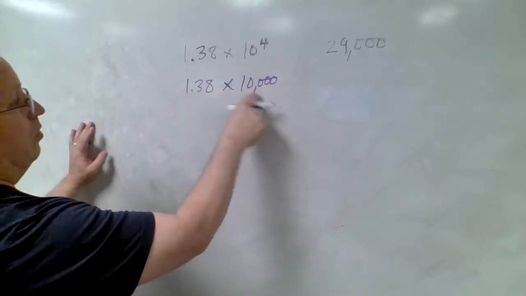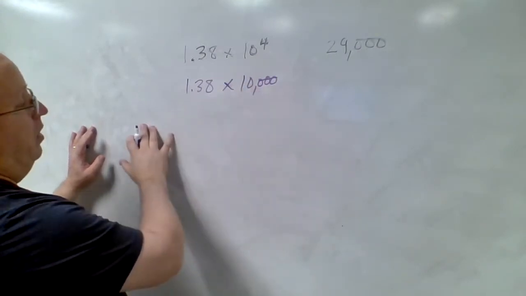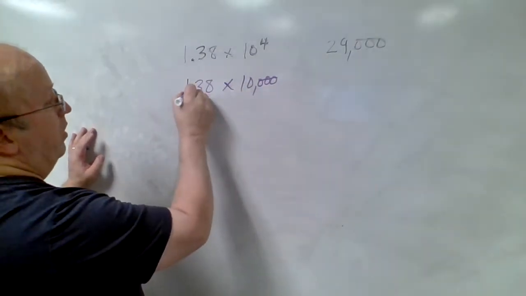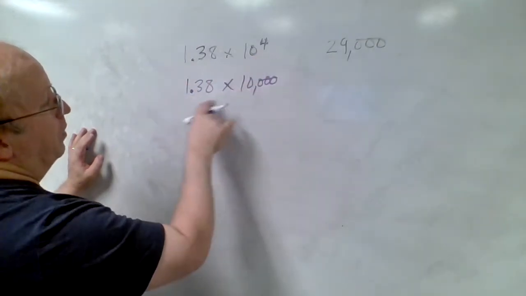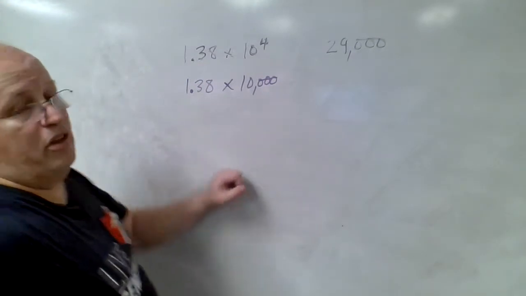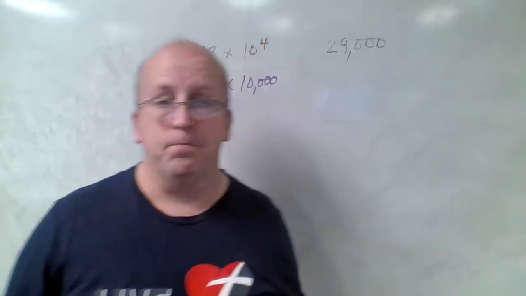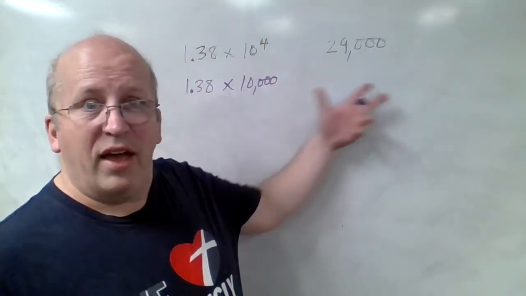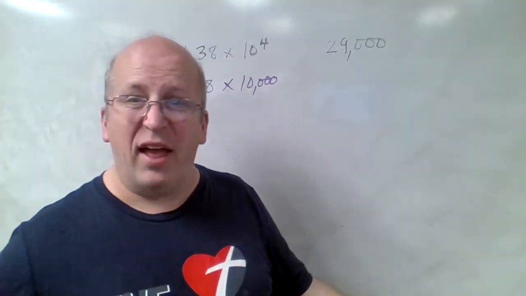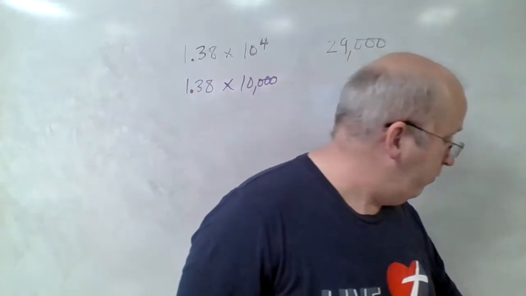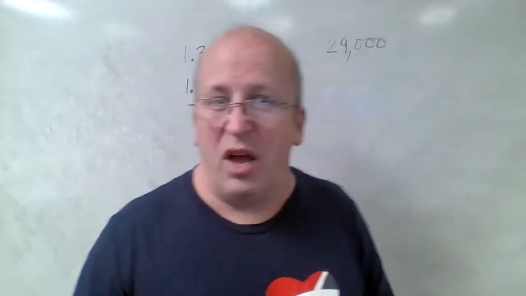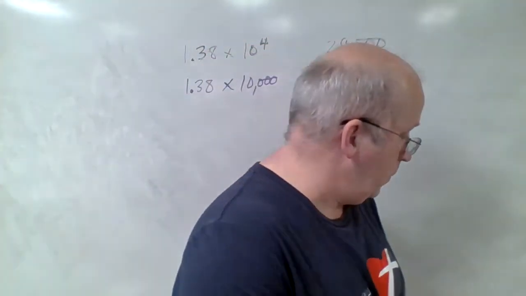Now you can either multiply these two together, or you can realize that really what's happening here is we're moving the decimal point over 4 places to the right to change this into a standard form number. Once you do that, you can compare the two, and your answer is either going to be Mauna Kea or Mount Everest. You have to decide which of the two mountains is bigger.